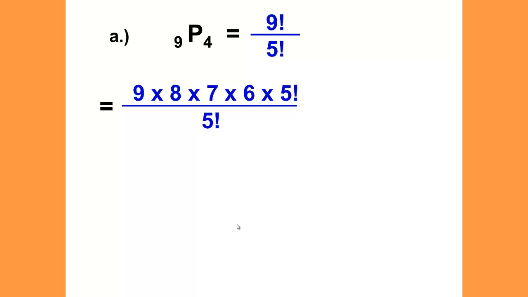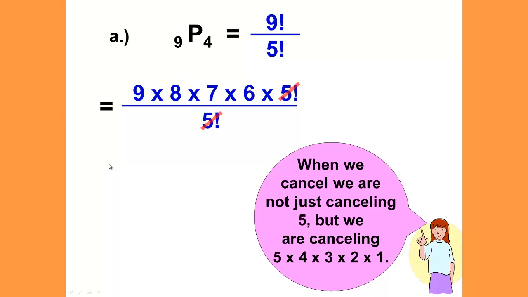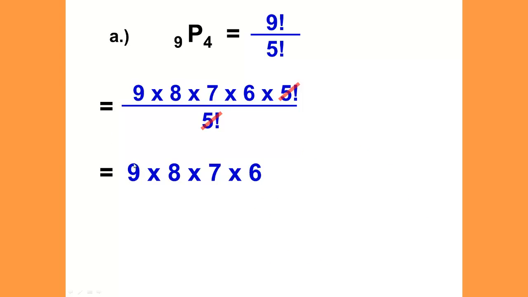Then we can cancel out the 5 factorial with the 5 factorial, because we're not just canceling out a 5, but we're actually canceling out the 5 times the 4 times the 3 times the 2 times the 1. That again just leaves us 9 times 8 times 7 times 6, and still gives us the answer of 3024.